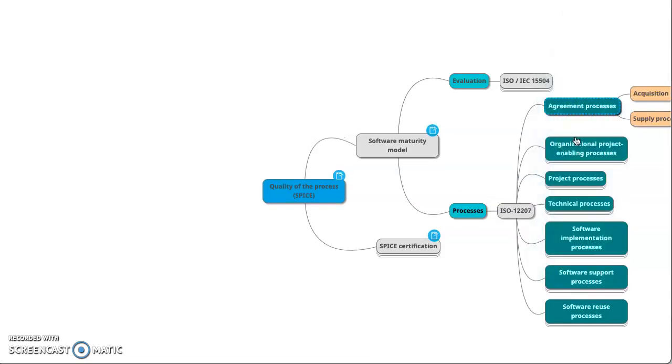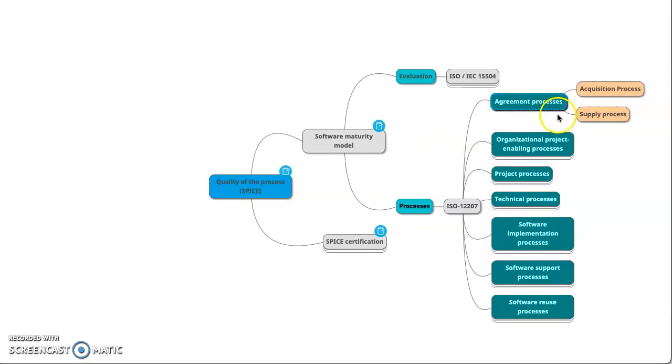For example, agreement processes have information about how you will acquire the project and how you will supply the project. It covers resources, times, and information about the goals, what you will need to do, and what the result of the ideas will be.